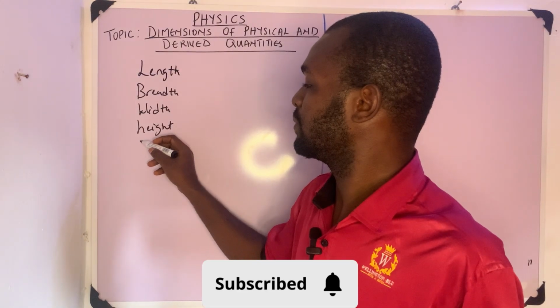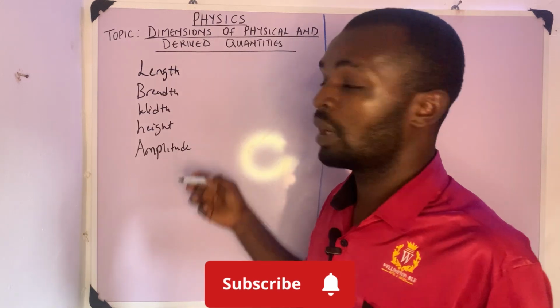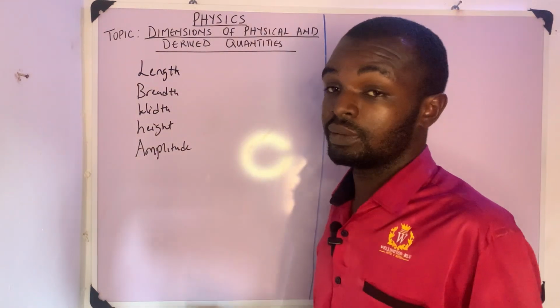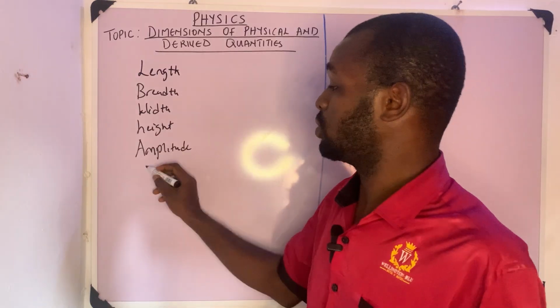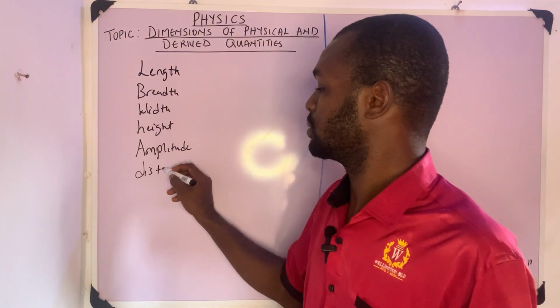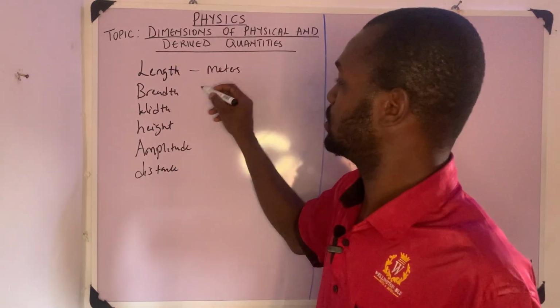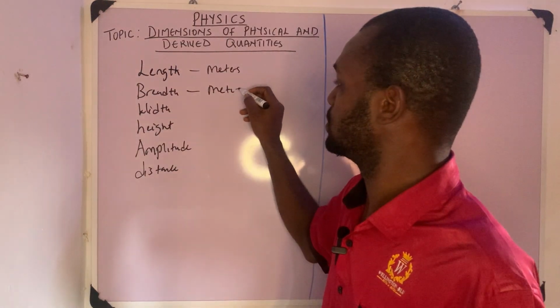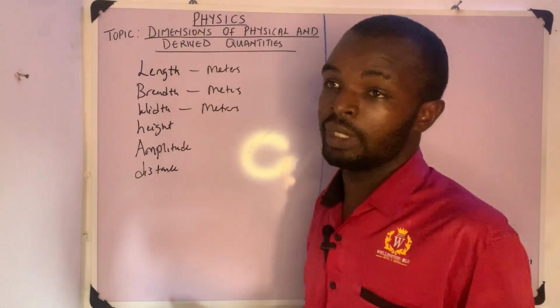We have amplitude, and so on. All these written here are all measured in meters. We also have distance. So now length is measured in meters, breadth the same thing, width the same thing, and all others.